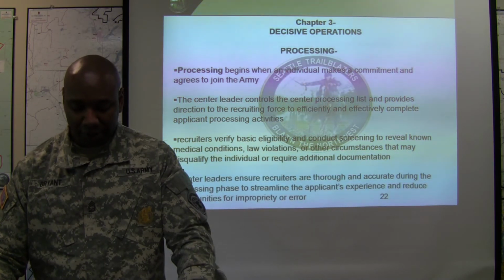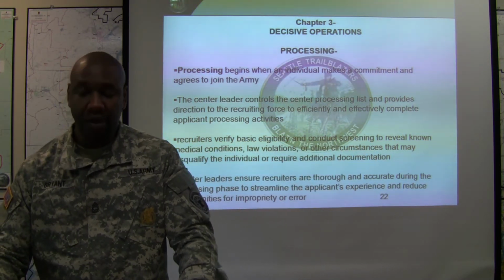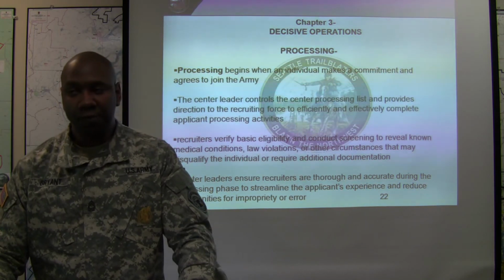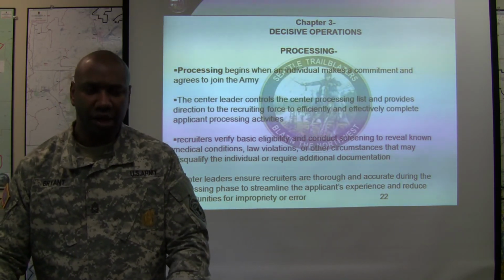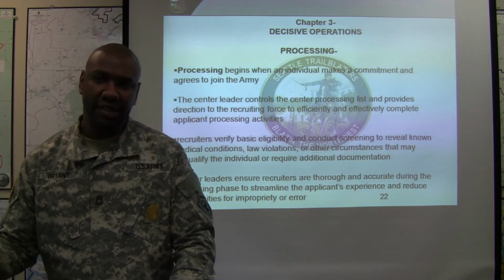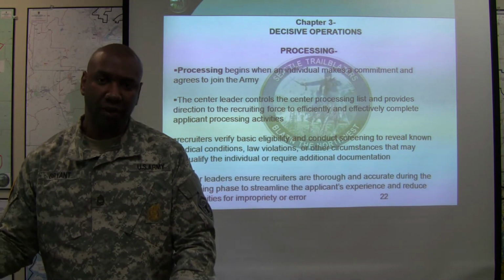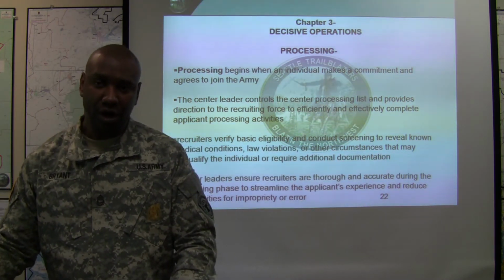Center leaders ensure recruiters are thorough and accurate during the processing phase to streamline the applicant's experience and reduce opportunities for impropriety or error. So when you're trying to put a kid in the Army, think ahead. As I said before, you gotta jump the route. When I made the appointment, I knew I was gonna ask Johnny to join the Army.